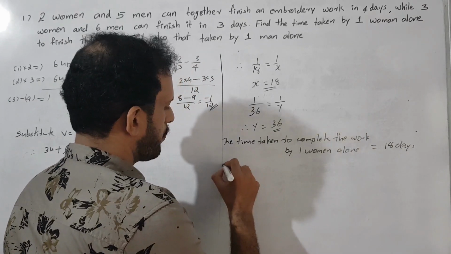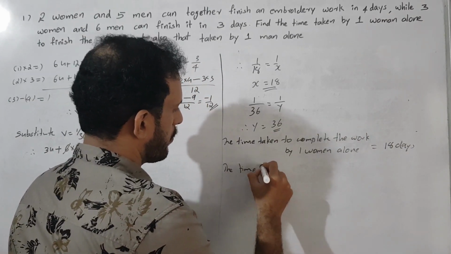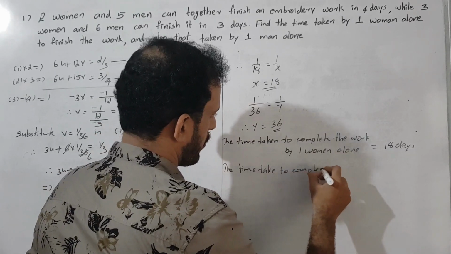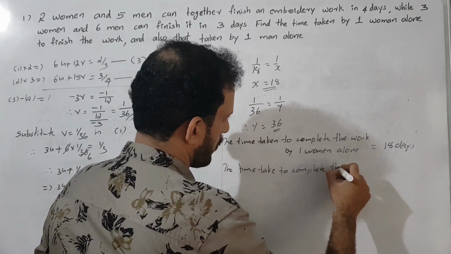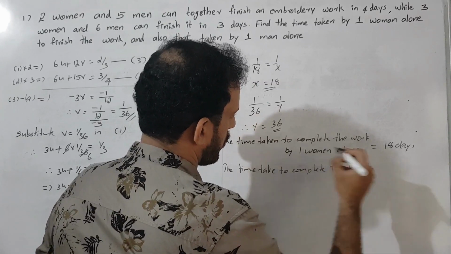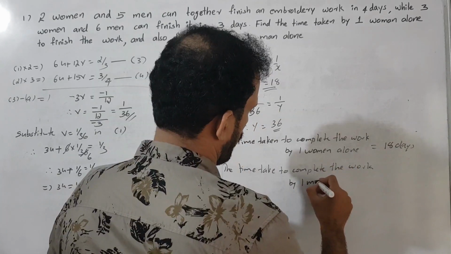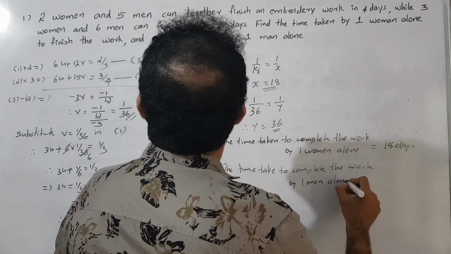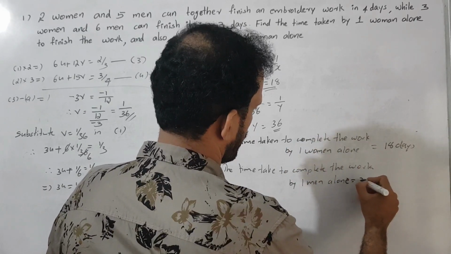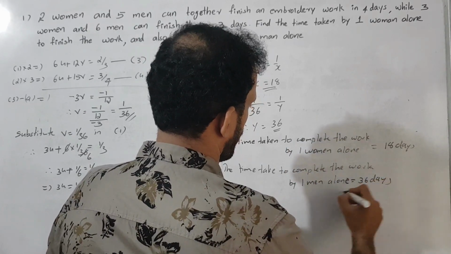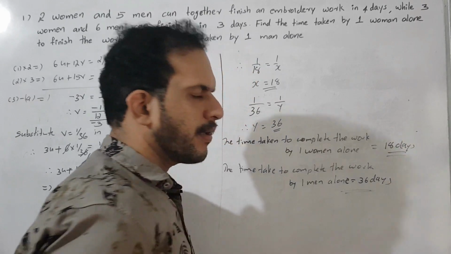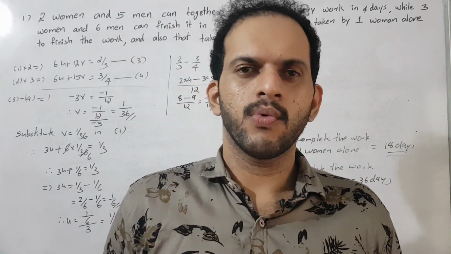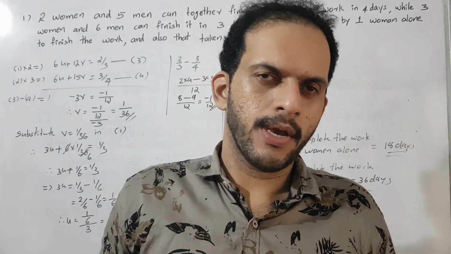The time taken to complete the work by one man alone is equal to 36 days. Okay, that is the answer. So I told you, in this type of question, what is given there, convert everything into one unit. Okay, one unit.